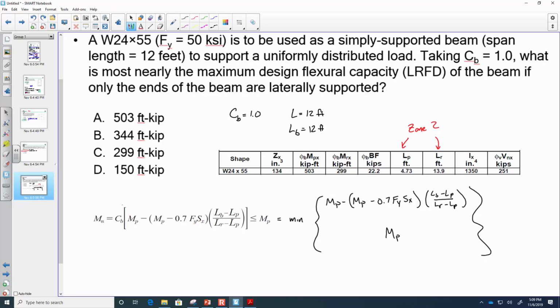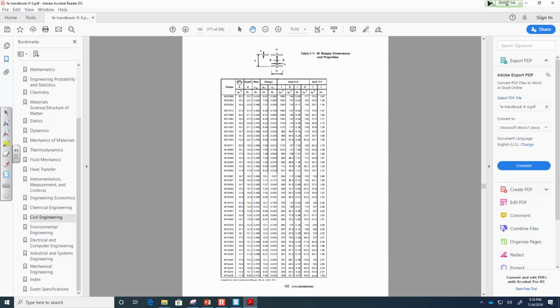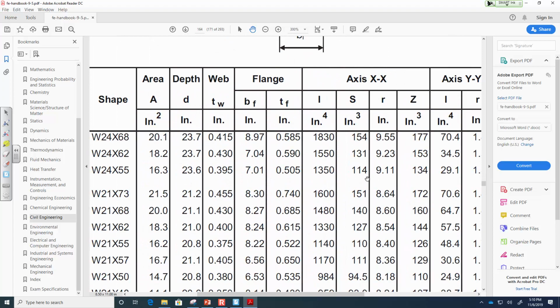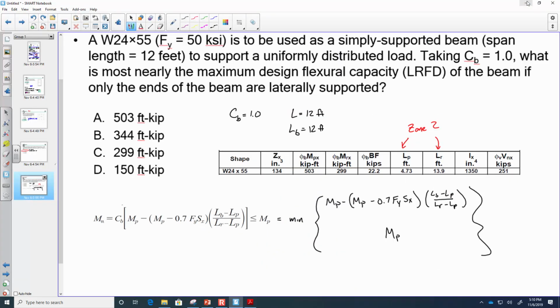So how would we find SX for a W24 by 55? There you go. 114. Right here, 114. See, they give you that information as well. So it's going to be in the manual, I promise. So we know that is 114 cubic inches.